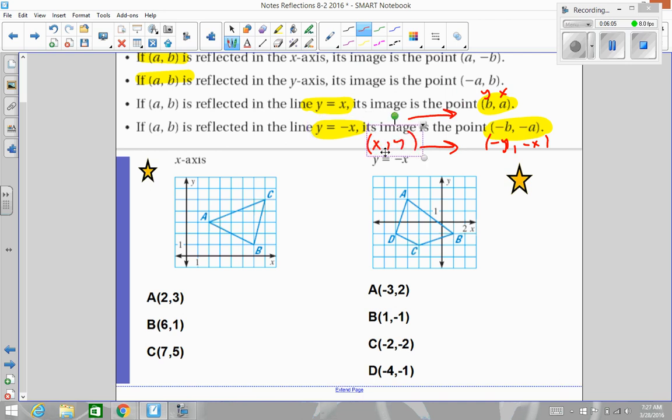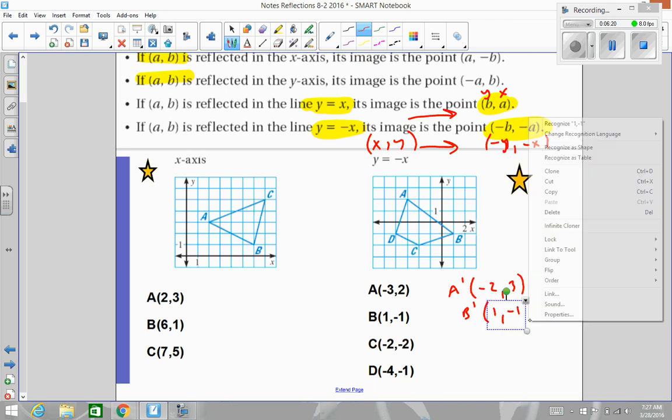All right, so in this one, we're going to switch their places, and we're going to change them to negative. So A prime becomes (-2, 3). B prime becomes (1, -1).